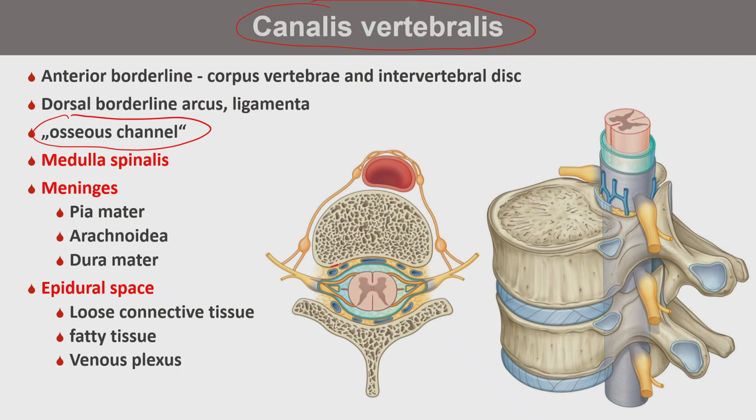So typically we have to know that the anterior borderline of the channel is made by the vertebral body and the dorsal is made by the vertebral arch. But partially it's made from cartilages, like here, intervertebral disc, and dorsally we have ligaments which are called ligamenta flava, mainly dorsal ligamenta flava. So yellow discs, yellow ligaments.